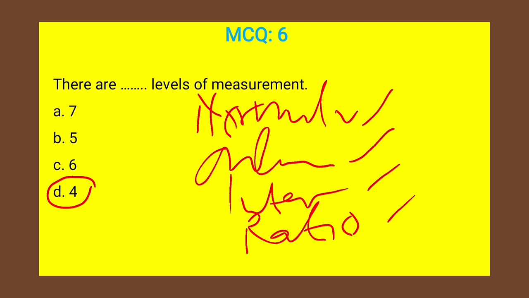When it comes to the interval, we are talking about the distance between two sets of variables. Then the ratio, we try to compare two values at the same time. So these are just the summary form. As we move along, you understand it better. So that was question 6, and we have 4 levels of measurement. Let's take note of that.